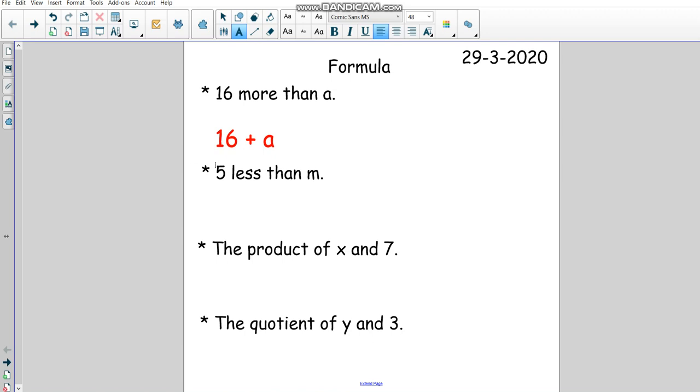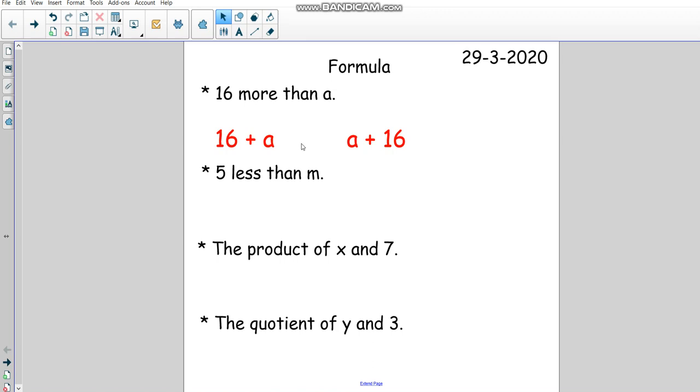Is this my final answer? Yes, it is. What about if someone wrote it A plus 16? Is it correct? Yes, of course. As we said, for addition, shuffling places will never differ.